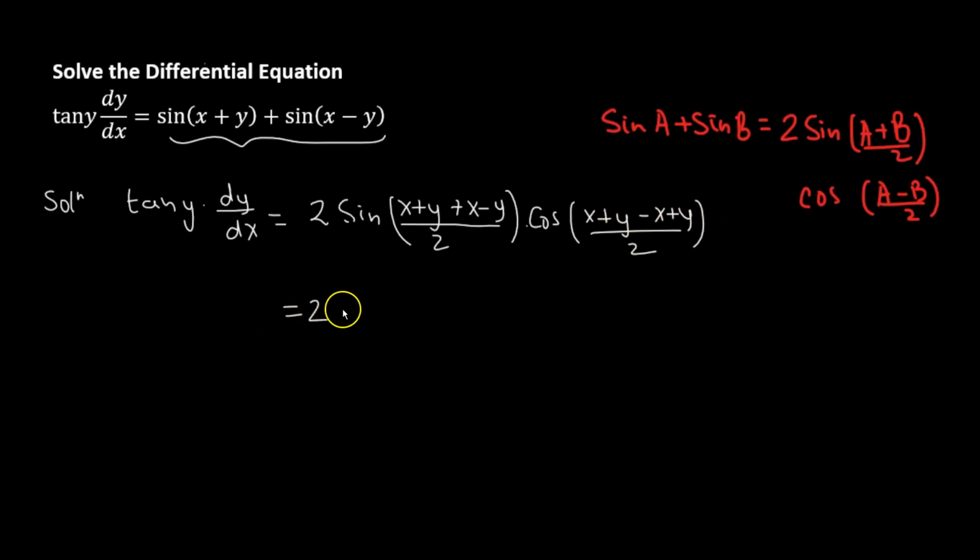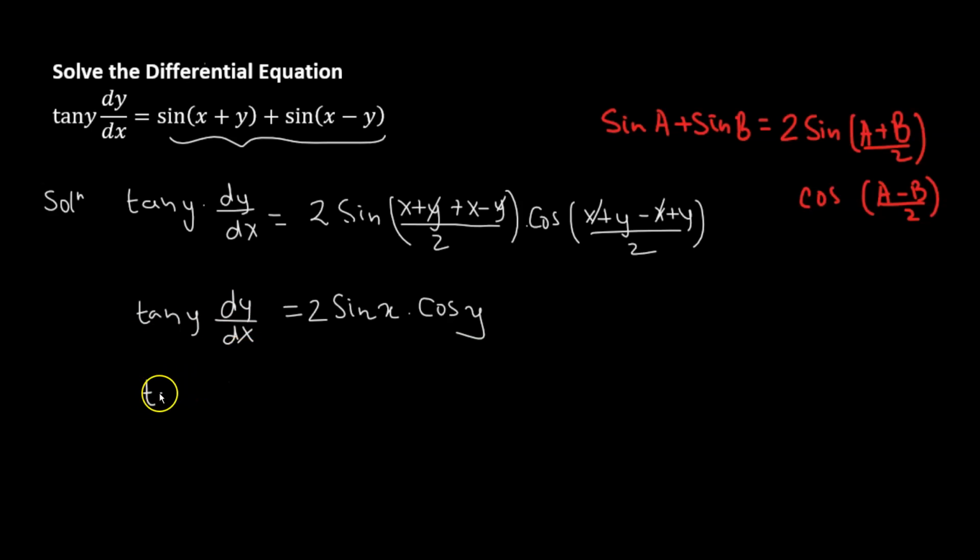So this should give us 2 times sine. Here we'll see that y and y will get cancelled. So we have 2x in the numerator divided by 2, so that's sine x times cosine of, so we have x and x cancelling out, so we have 2y over 2. So that's simply y. Now we can separate the differentials.